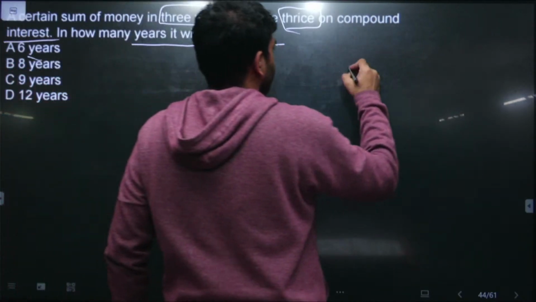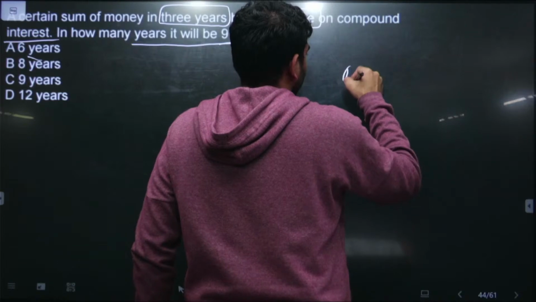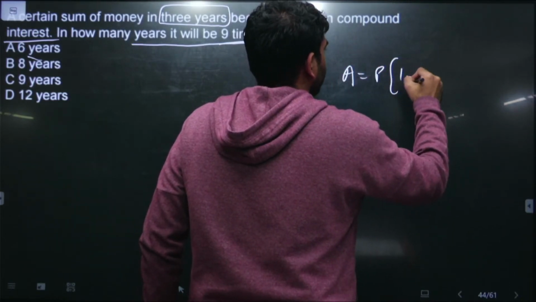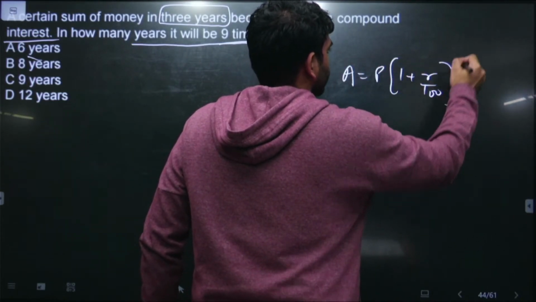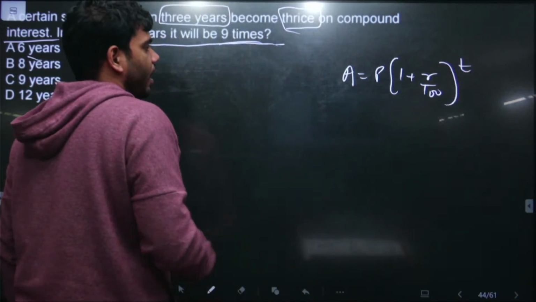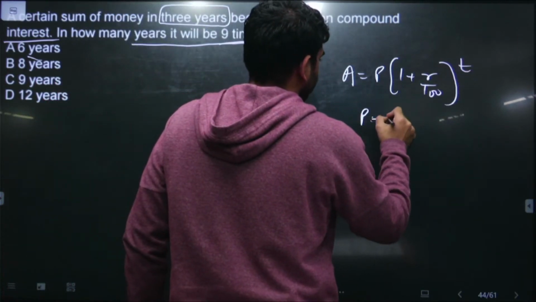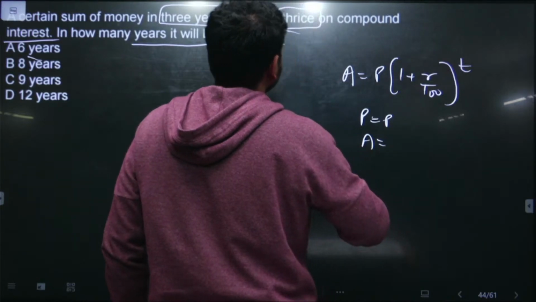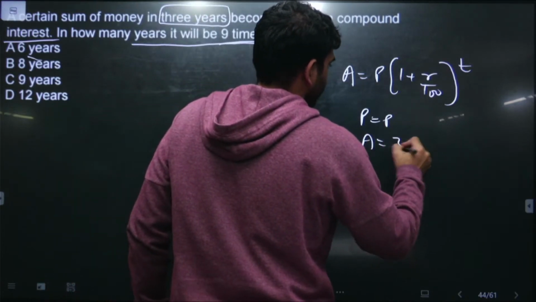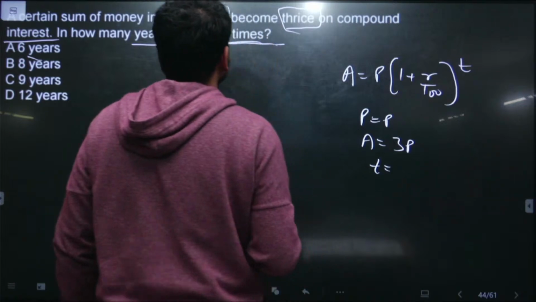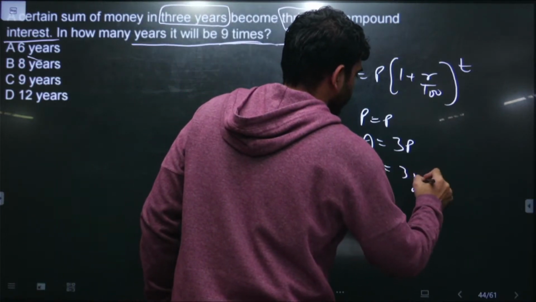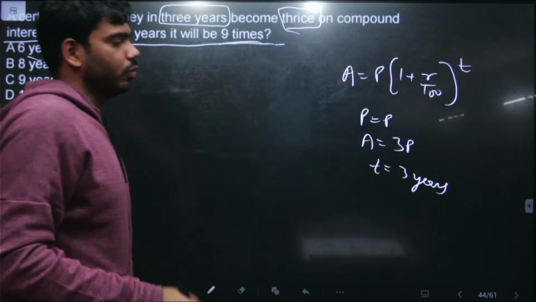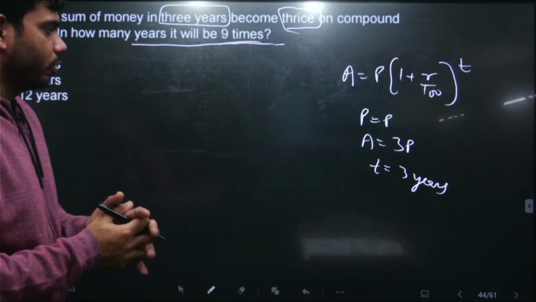So the formula for compound interest is the final amount is this thing. And here we have been provided the principal, let us imagine, is P, and the total amount, the total return that is getting, is 3P, and the time it is taking is 3 years. In 3 years the total return is thrice, 3 times the money is coming back.